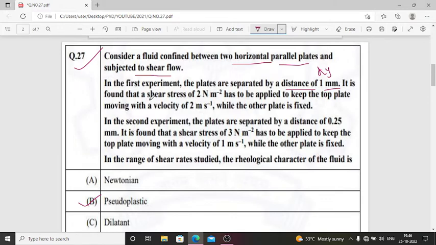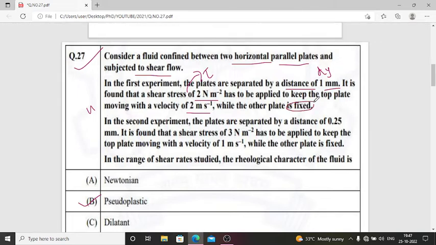It is found that a shear stress of 2 Newton per meter square, shear stress is denoted as tau, has to be applied to keep the top plate moving with a velocity of 2 meter per second. So the upper plate velocity, that is u, is 2 meter per second, while the other plate is fixed. So this is the stationary plate.